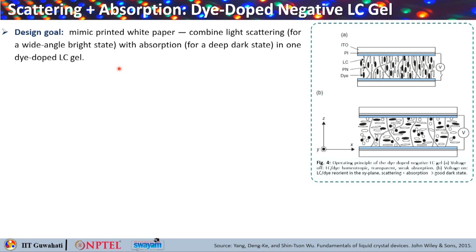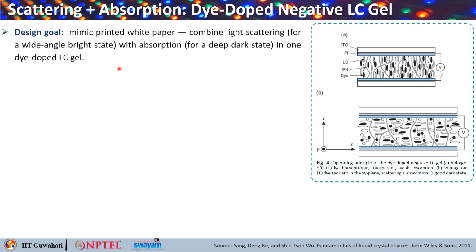So let us think about the design philosophy here. A blank sheet of white paper scatters and diffuses ambient light in every direction, giving a bright wide viewing angle appearance with no glare. And where it is printed with ink, the ink basically absorbs light and that area looks dark.